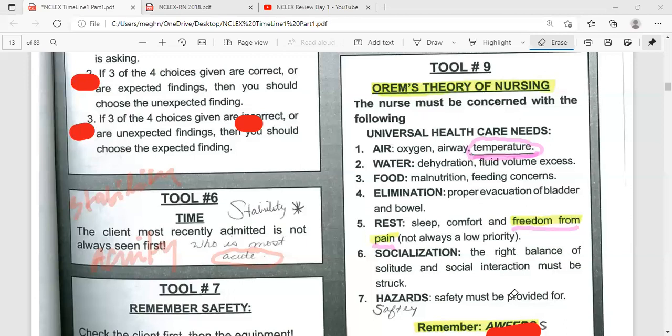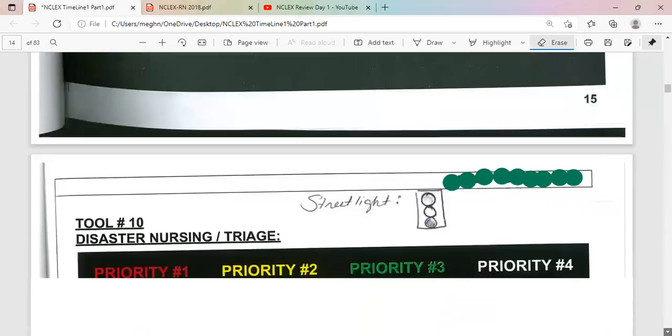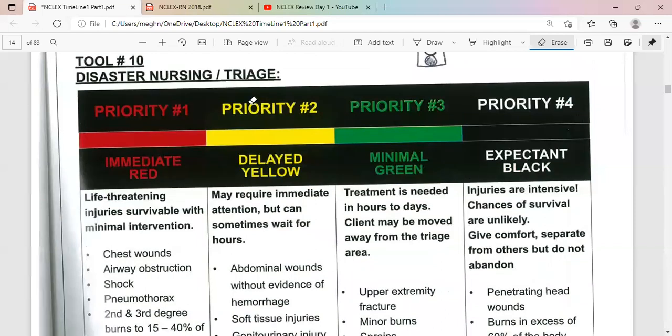Orem's theory of nursing was selected for this assignment as it can be applied in most practice settings. So next here, we are talking about disaster nursing and triage.